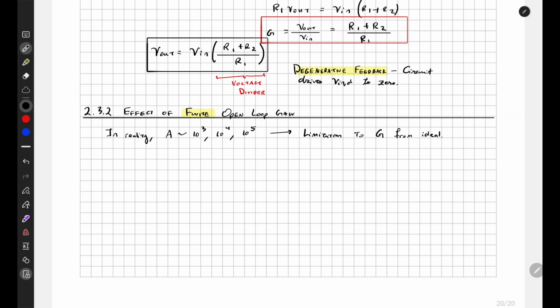Okay, so what happens to these gain equations, input-output relationships, if A is not infinity? Yeah, so we just repeat the circuit solving.